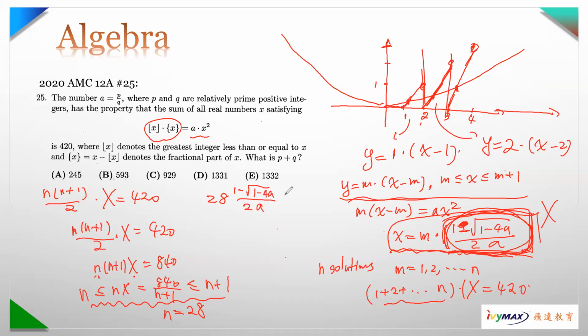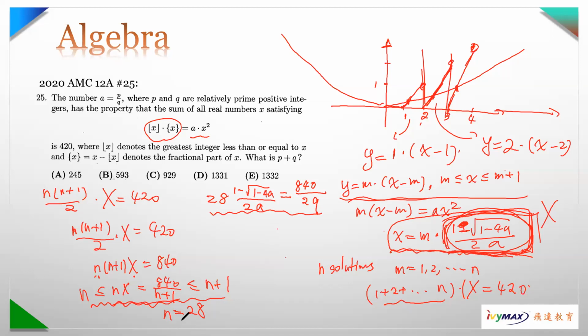This should equal, let's check here, 840 over n plus 1, which should be 29. After you figure out the last solutions, it should occur between 28 and 29, right?